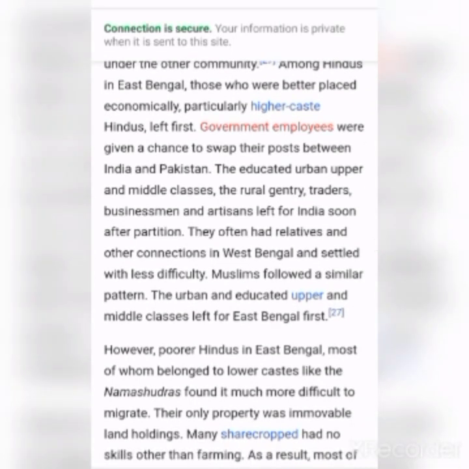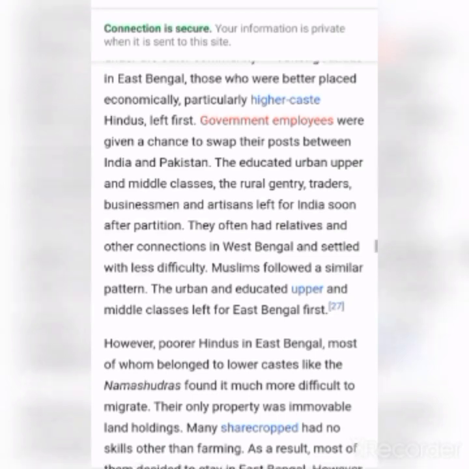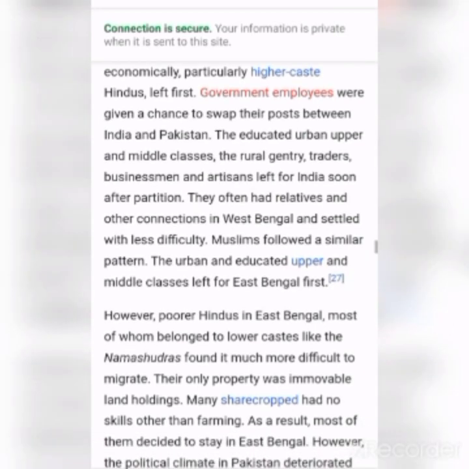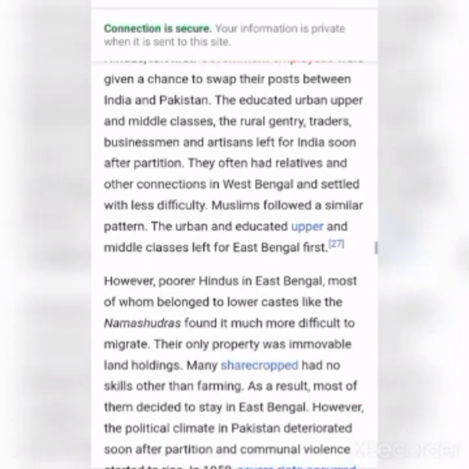They often had relatives and other connections in West Bengal and settled with less difficulty. Muslims followed a similar pattern. The urban and educated upper and middle classes left for East Bengal first.